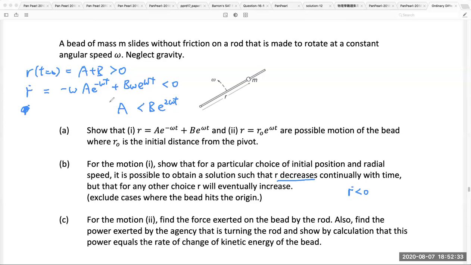The question doesn't say it, but let's say this solution is true for all t.